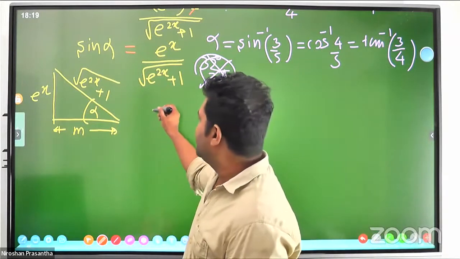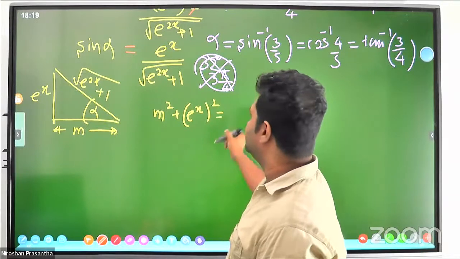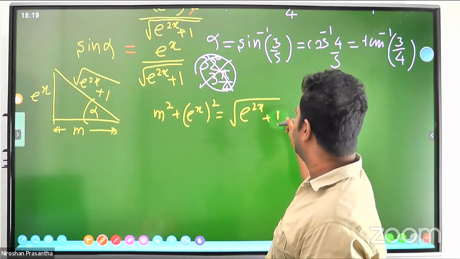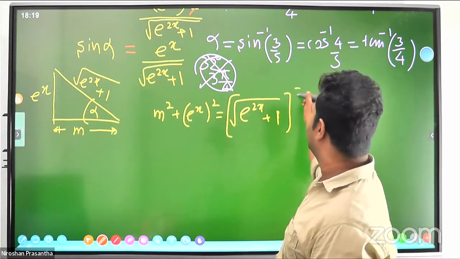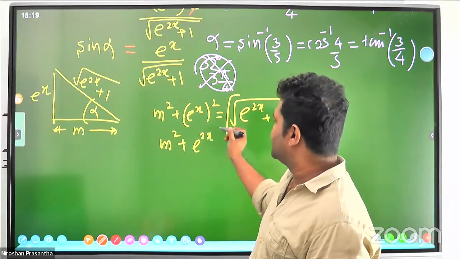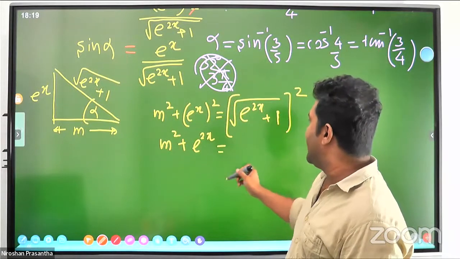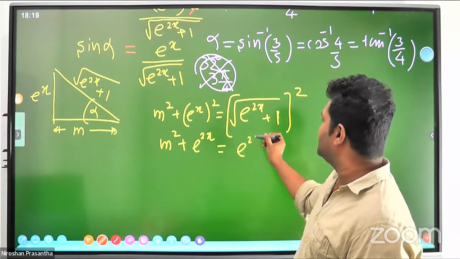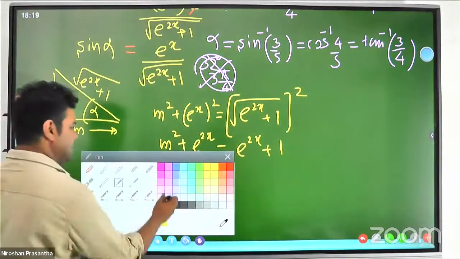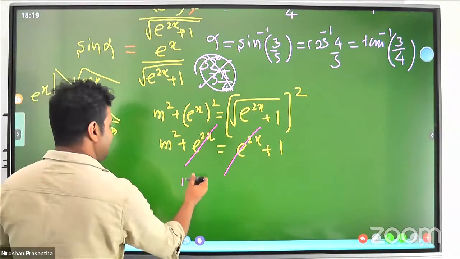You write m square plus e^x square equal to (square root of e^(2x) plus 1) whole bracket square. It is m square plus e^(2x), because power of power, this becomes e to the power 2x, and the square root cancels. e to the power 2x plus 1, e to the power 2x now gets cancelled.